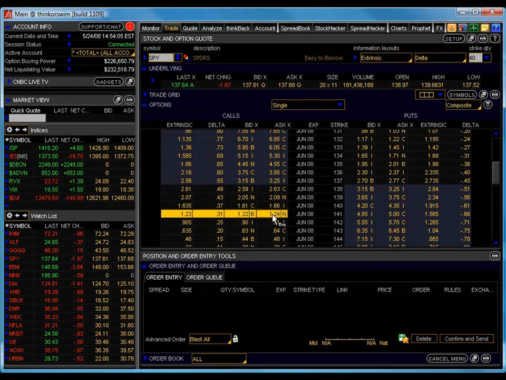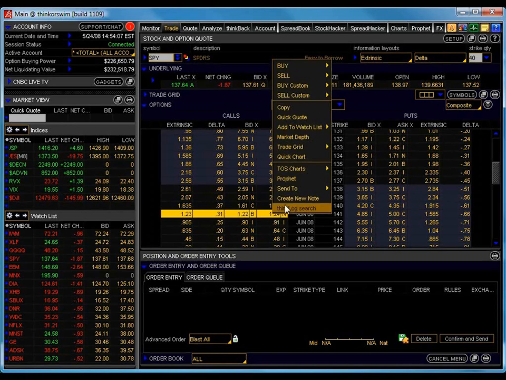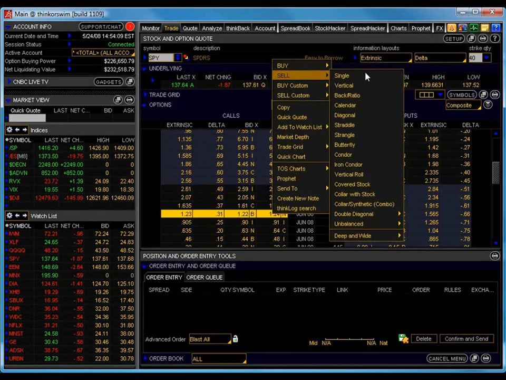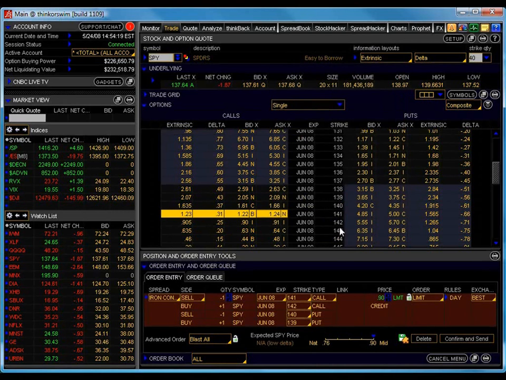As I was saying, we don't want to purchase an iron condor. We want to actually sell an iron condor. In some cases, it does make sense to buy iron condors if you think a very large move in the market is coming. However, in most cases, we tend to sell iron condors.